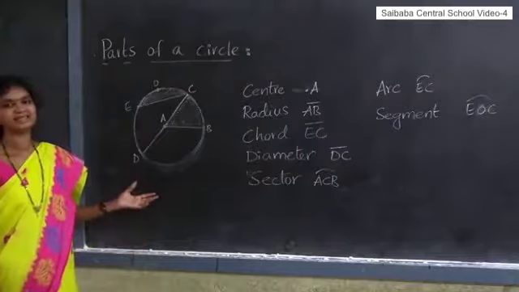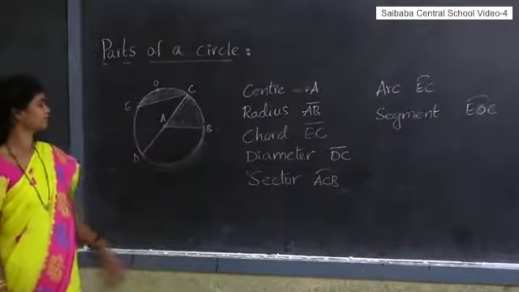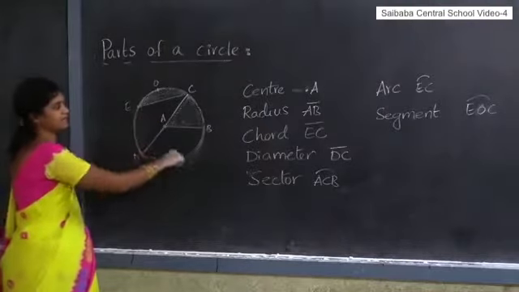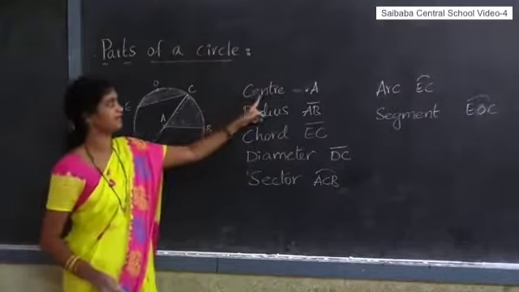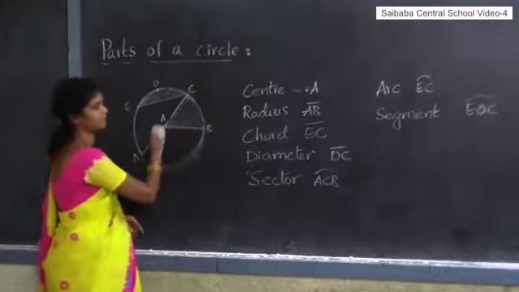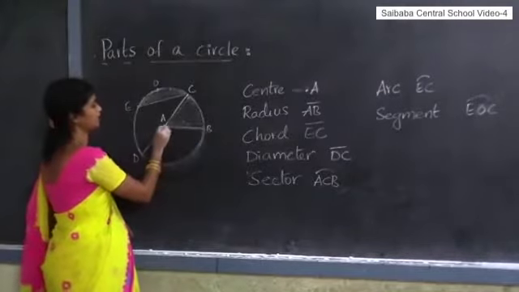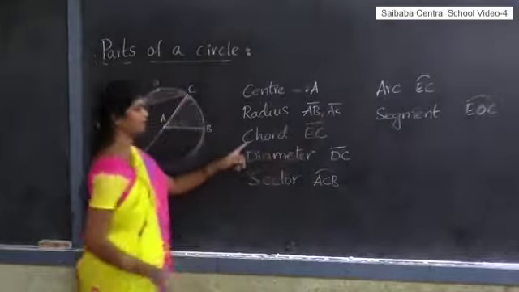Now let us see all the parts of the circle briefly in a circle. So this is the circle, and here A is the center. Center is A. Radius: AB is the radius. We can take AC also as a radius. And chord.